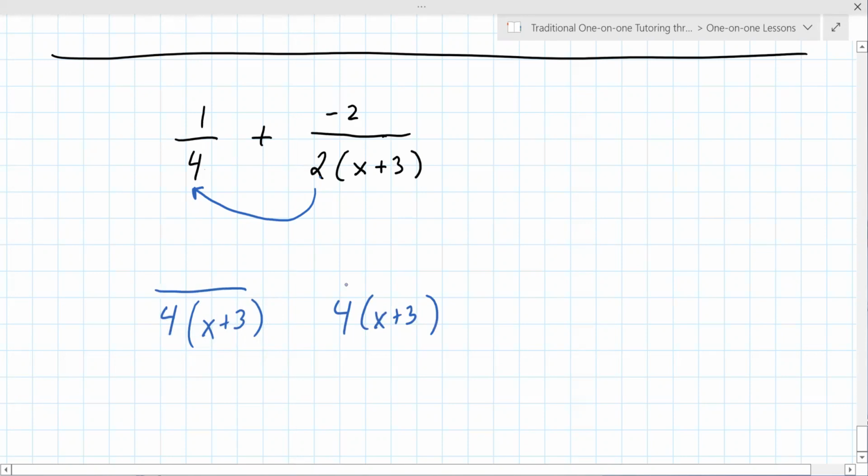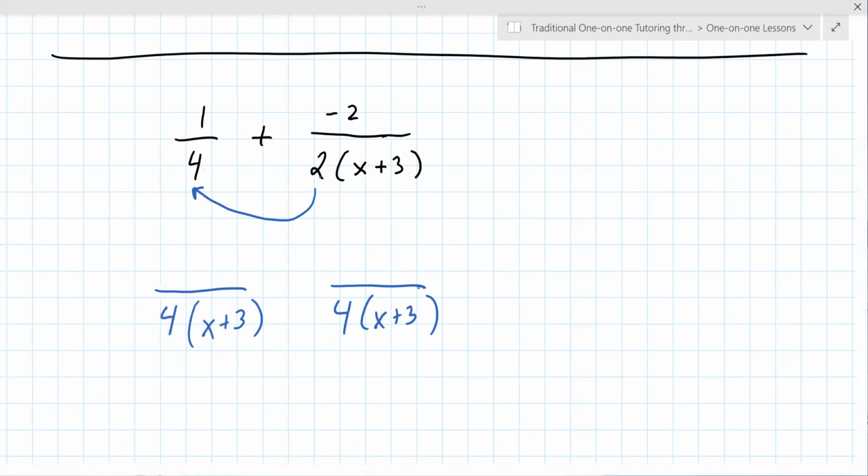Once you figure that out, you can then figure out what goes on the top. Can you try working out this problem from here? You've got to figure out what the left side is missing and what the right's missing.